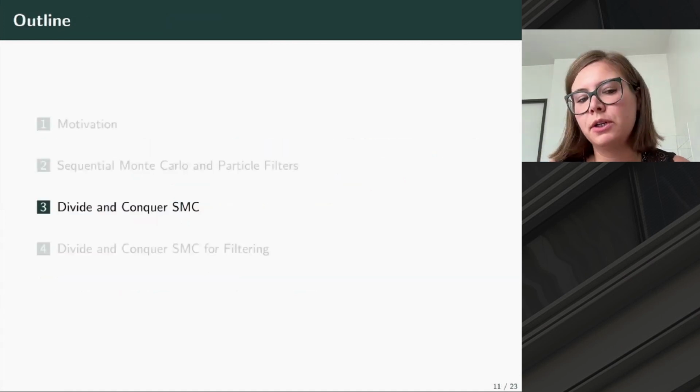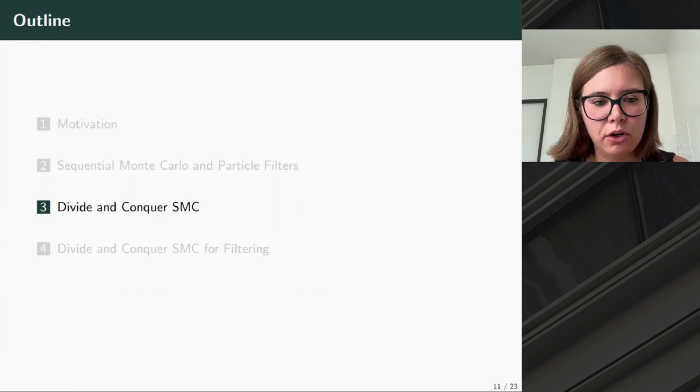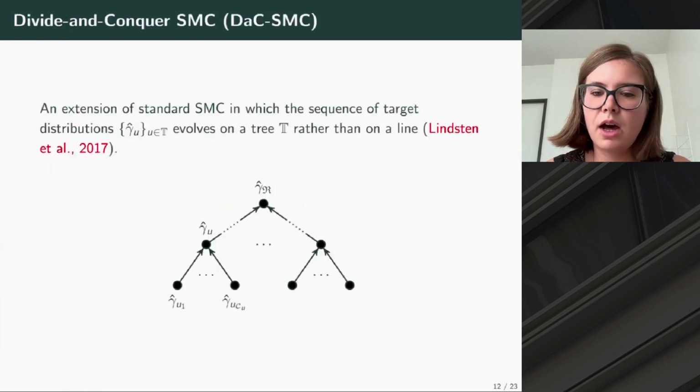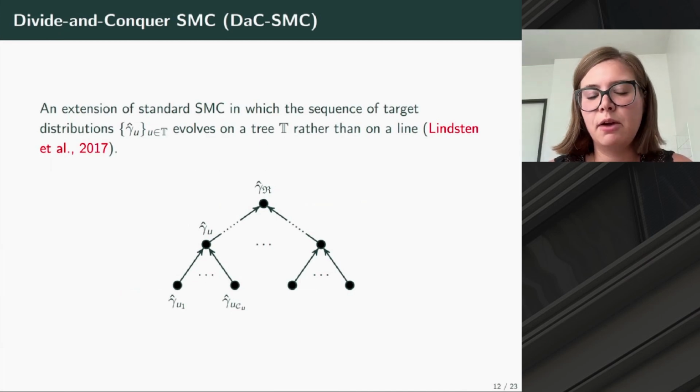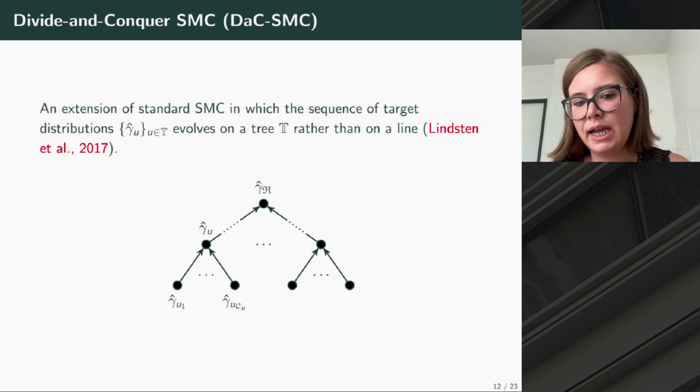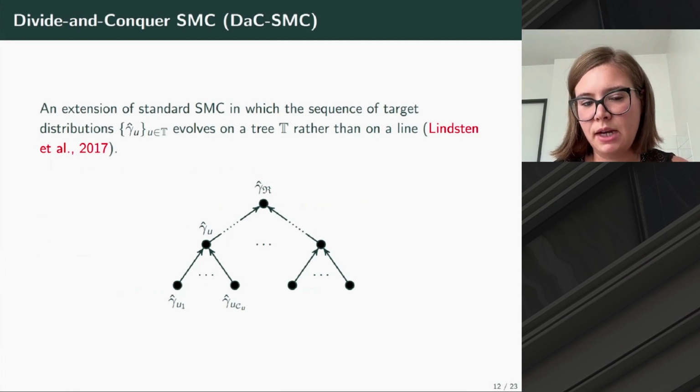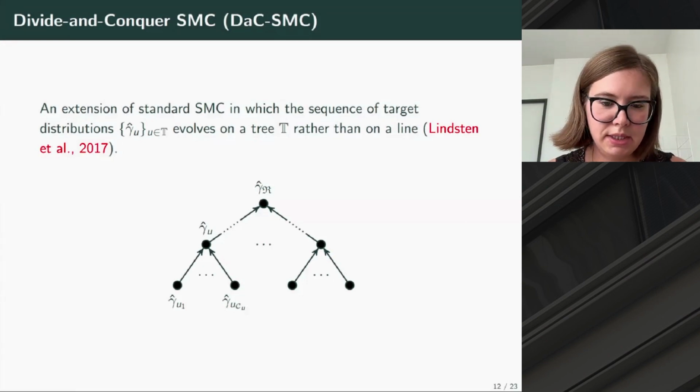The option that I'm going to talk about is the divide and conquer SMC, which was introduced in a 2017 paper, and is an extension of standard sequential Monte Carlo, in the sense that while SMC evolves on a line, moving from time step n to time step n+1 and so on, as I had in this cartoon of sequential Monte Carlo, in this case, we look at trees.